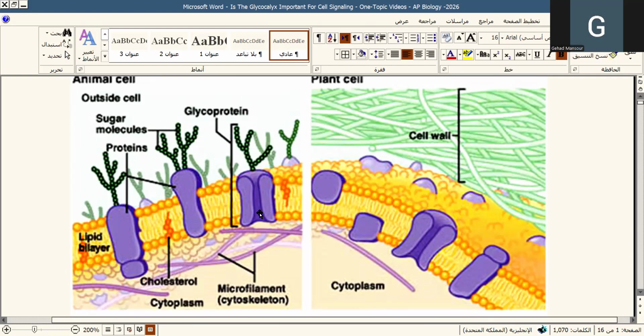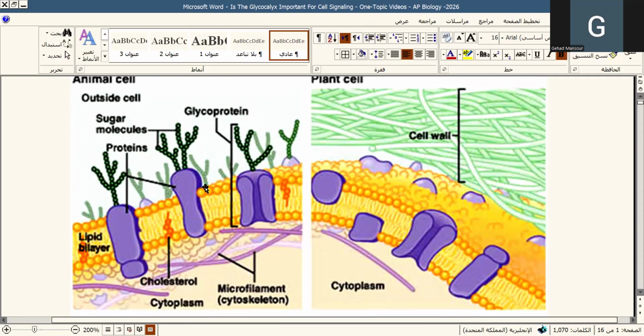And these protein molecules are connected from the inside to cytoskeletal filaments, protein filaments that help attachment of the proteins of the cell membrane to the cytosol, to the cytoskeleton, and prevent lateral drifting inside the cell membrane.